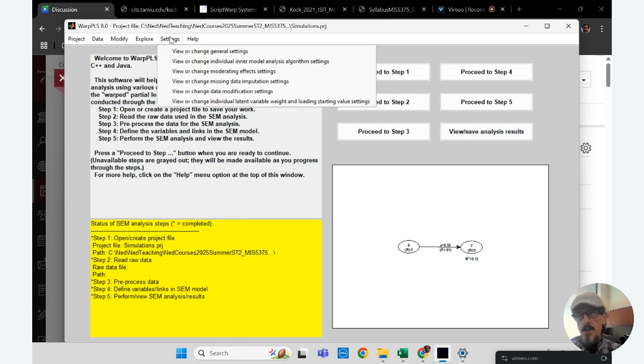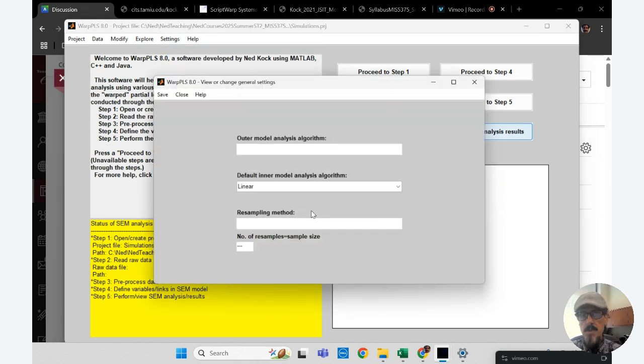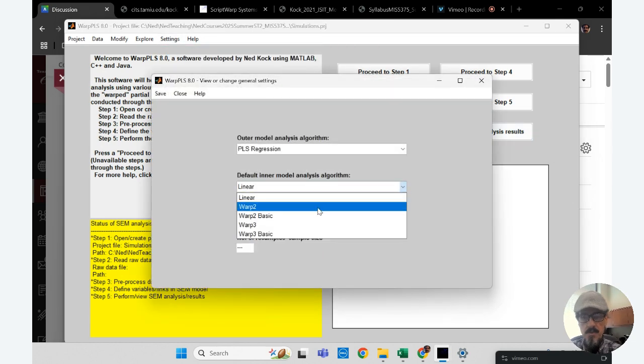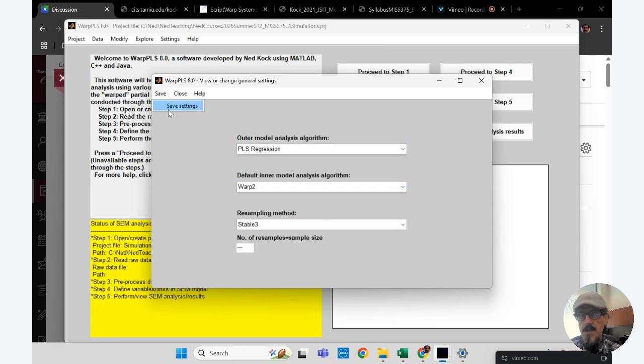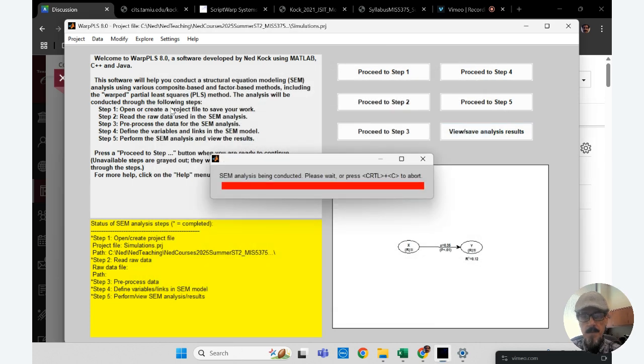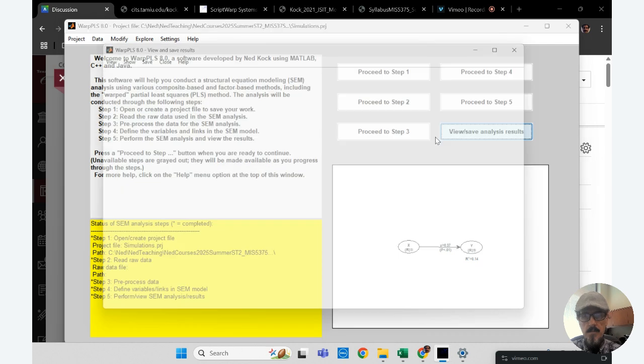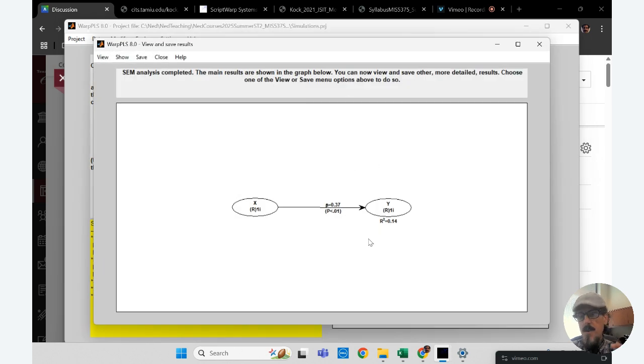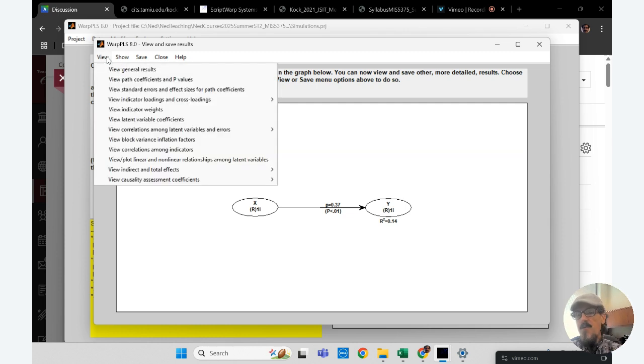Now, if I were to go to settings and change this relationship to warp 2, that's a nonlinear relationship, I would get a coefficient that is different from the true coefficient. The true coefficient for the linear relationship is 0.35. This one is 0.37. So by setting the relationship as nonlinear, I am having the software overestimate the association by a little bit.